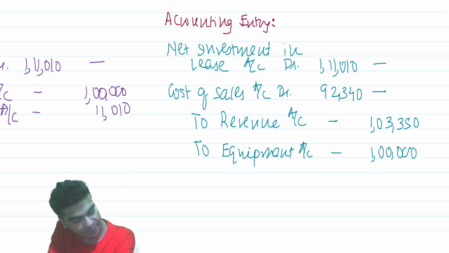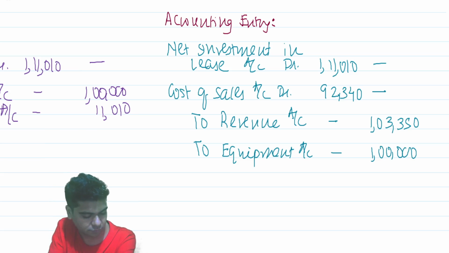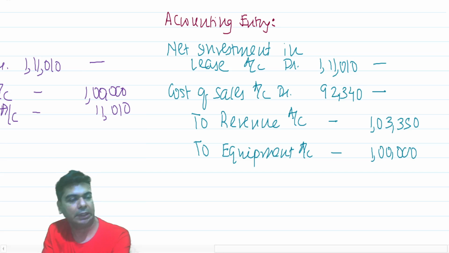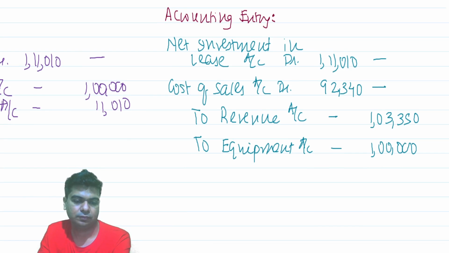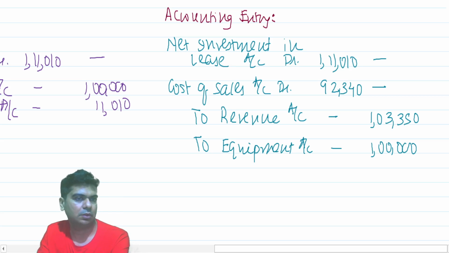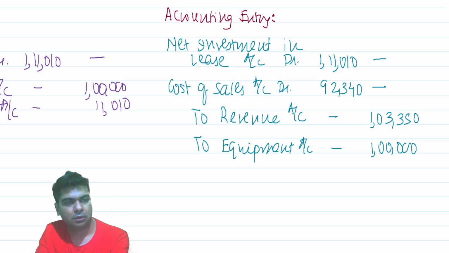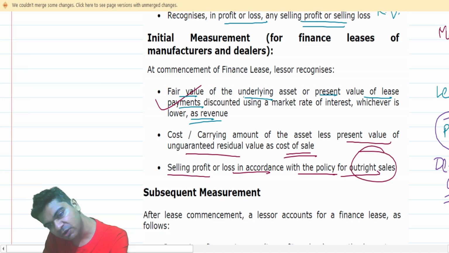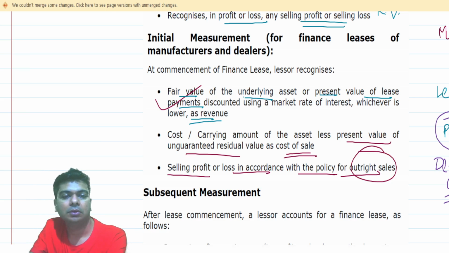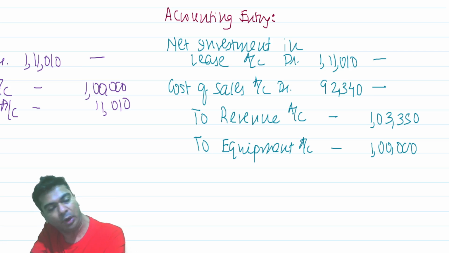Let's check whether it's telling. Yes, the accounting entry tells. You see here, the last point. Selling profit or loss in accordance with the policy of the outright sales. So you may wonder, where is the selling profit?